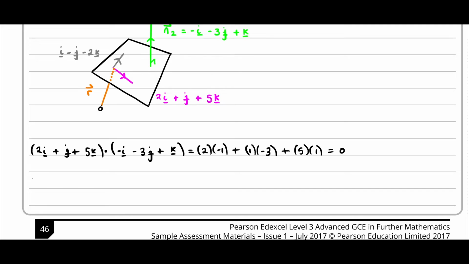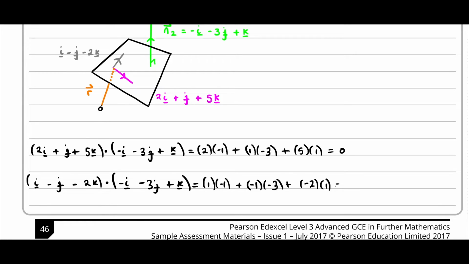And if we consider the vector shown in grey, we have i minus j minus 2k dot product with minus i minus 3j plus k. So taking the dot product, we have 1 times minus 1, minus 1 times minus 3, minus 2 times 1.